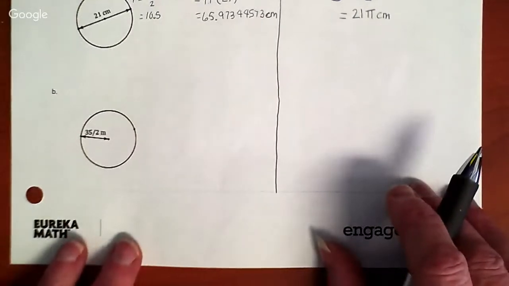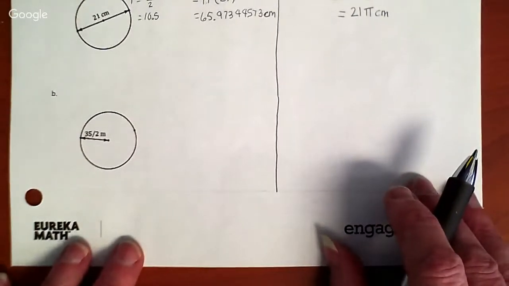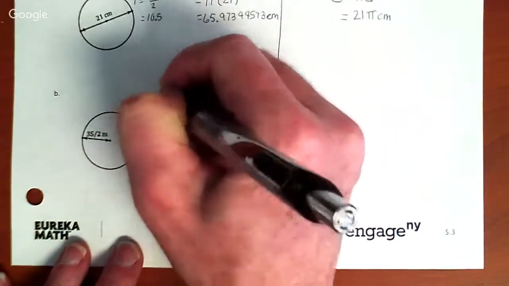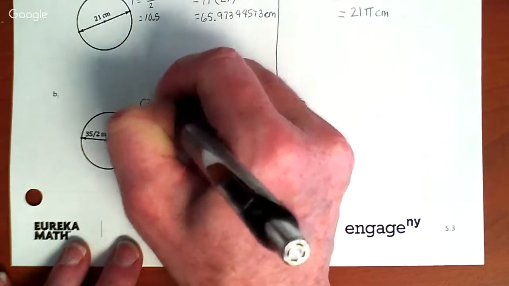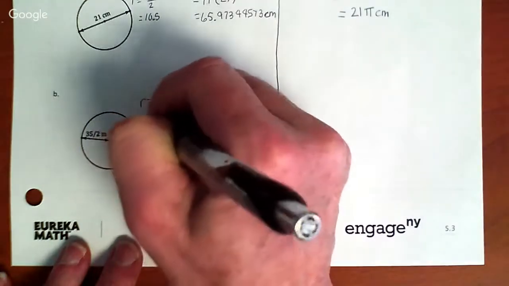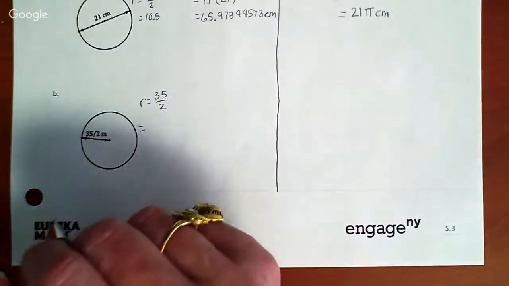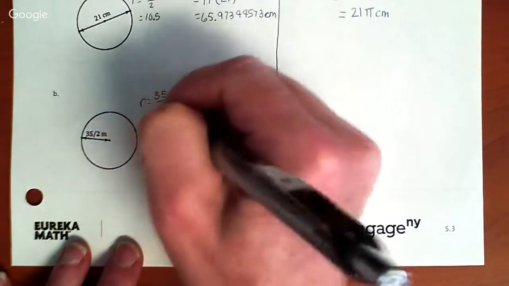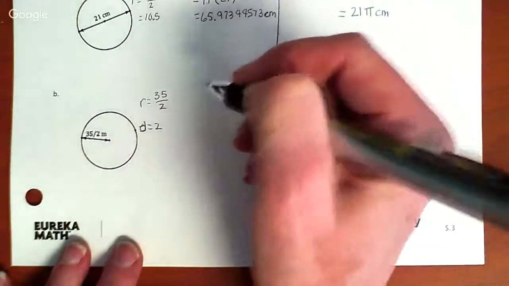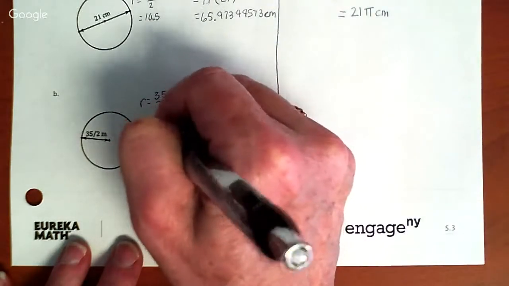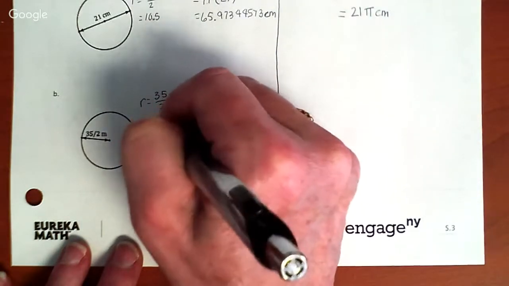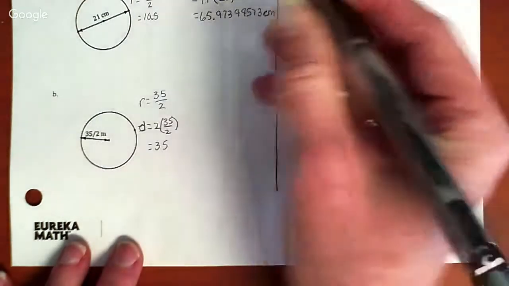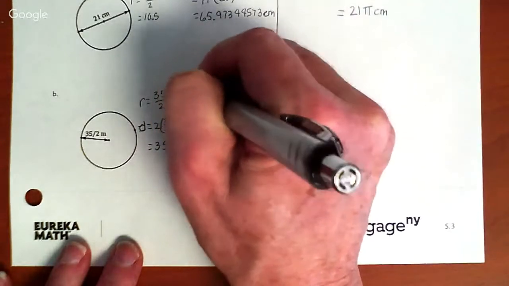Our radius is 35 over 2. And here we do have to find that diameter. So our diameter, we have to multiply by 2, because our diameter is 2 times the radius. So that equals 35. So now we write our formula.